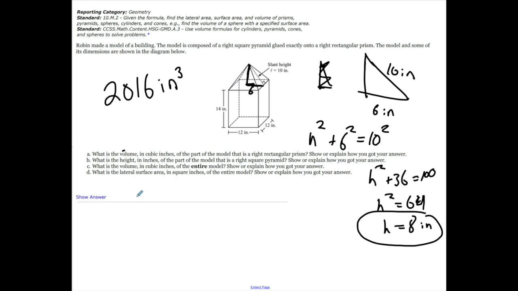And now let's do the volume of the entire model. This is the volume of the prism. The volume of the pyramid is equal to 1/3 the area of the base, which is 12 times 12, or 12 squared. It's the same as the base of the prism, times the height.